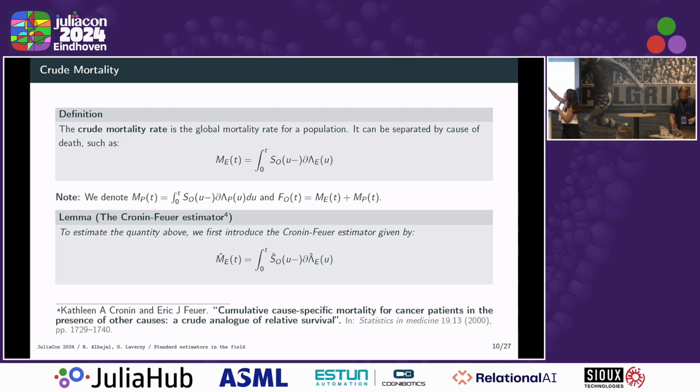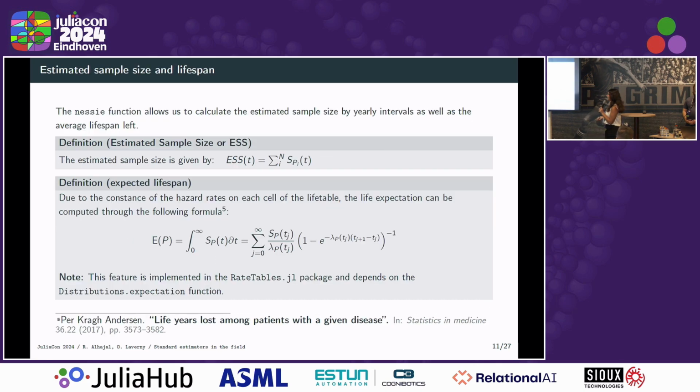Here it's with respect to the excess hazard, and this is with respect to the populational hazard. To estimate this quantity, we're going to be using the Cronin-Feuer estimator, which estimates the observed survival function using Kaplan-Meier, and the excess hazard using one of the methods. Usually it's PowerPerme, but there are two others that are also included in the package, but we are not going to be presenting them.